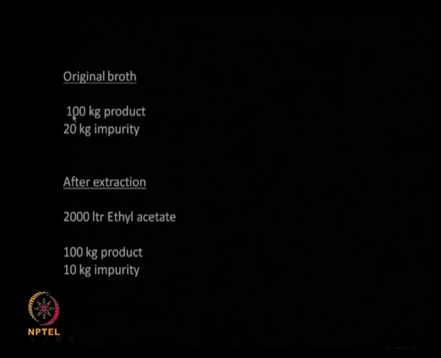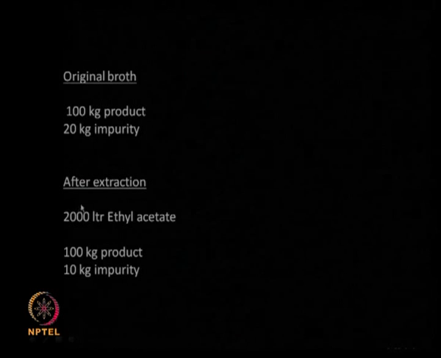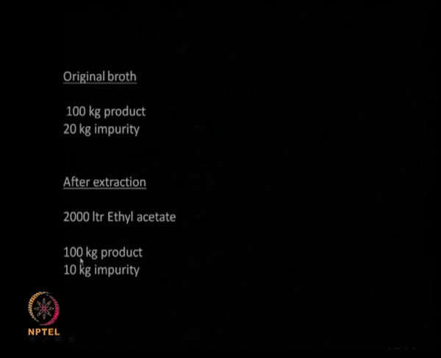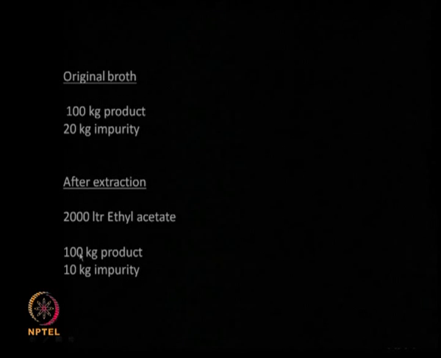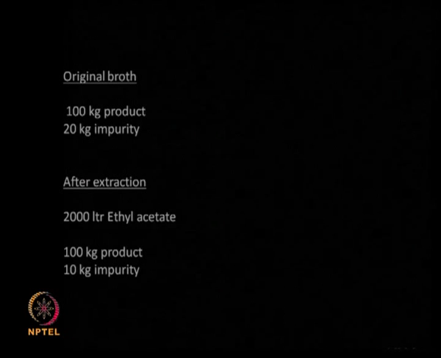So originally my broth had 100 kg product and 20 kg impurity, correct. Now after extraction, when I put 2000 liters of ethyl acetate, it will have 100 kg product and only 10 kg impurity. So you see that I am able to reduce the amount of impurity that is in contact with my real product. I can do this type of extraction and bring down the quantity of impurity further and further.